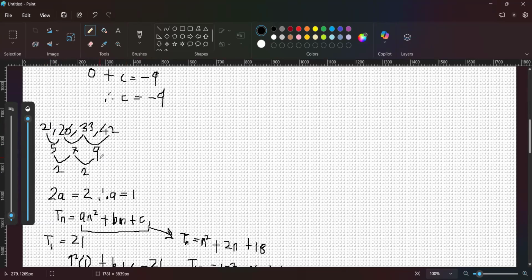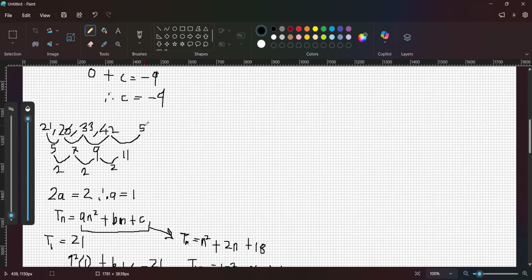Since the common second difference is 2, we will do 9 plus 2, 11. The absurdness of it is that you have to find the next difference from the common second difference before you can find the next term. And the next term will be 42 plus 11, which is 53.